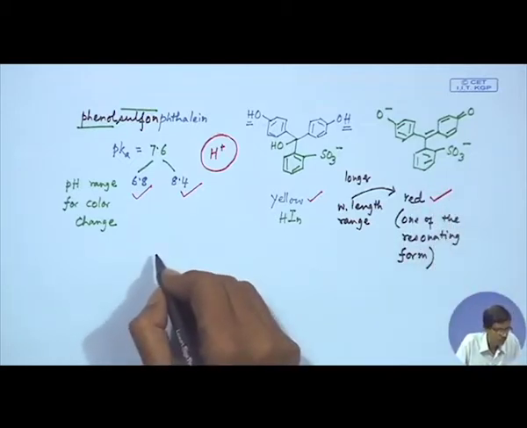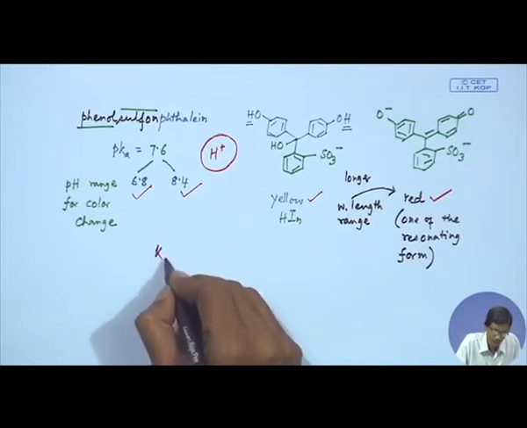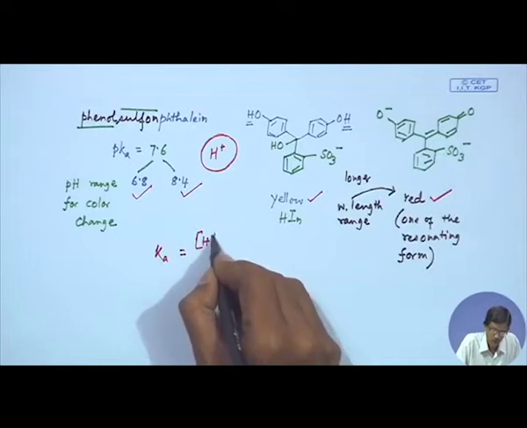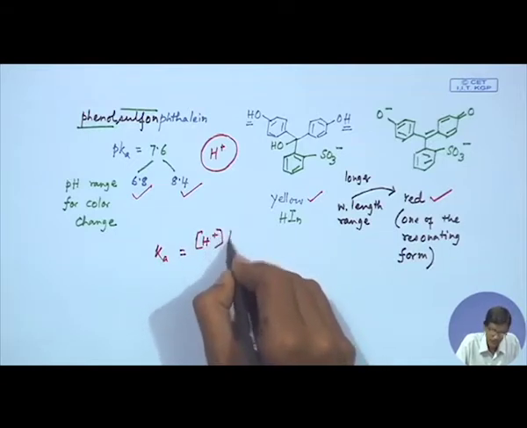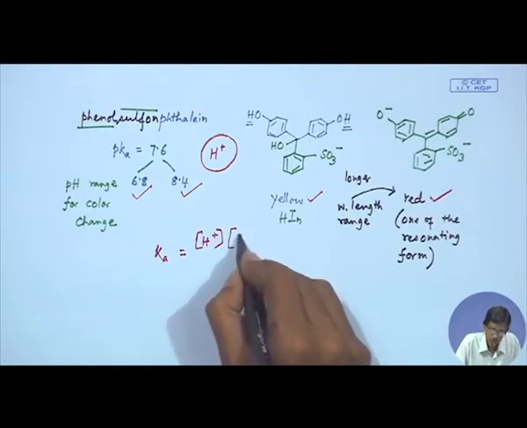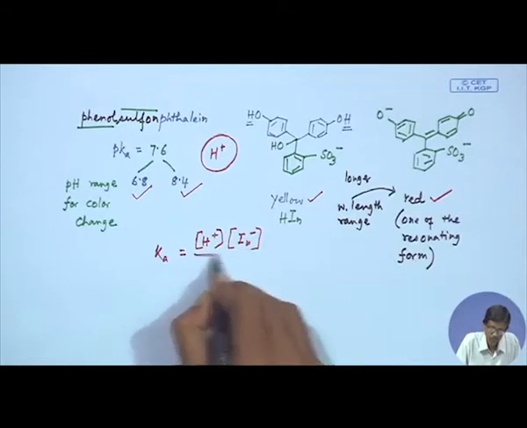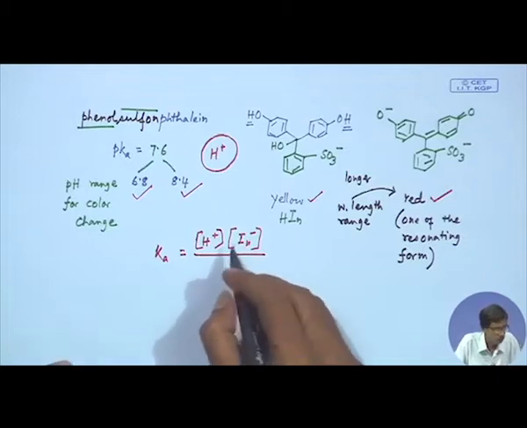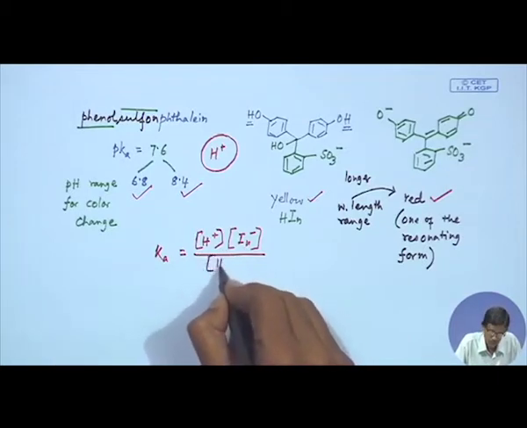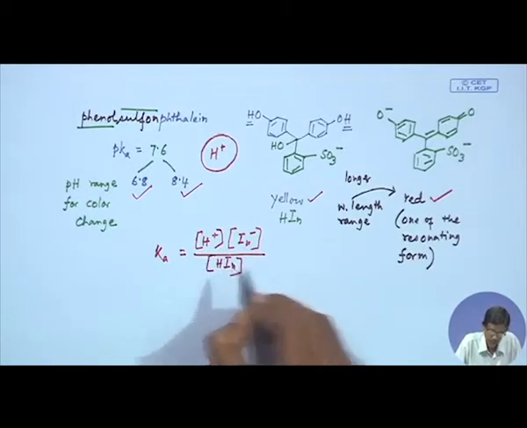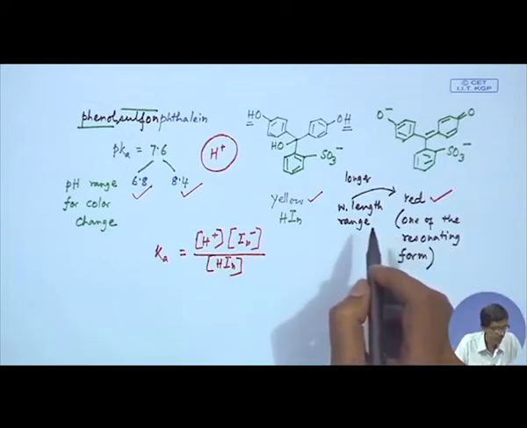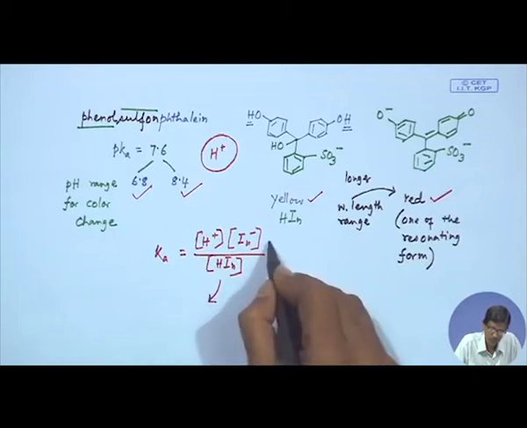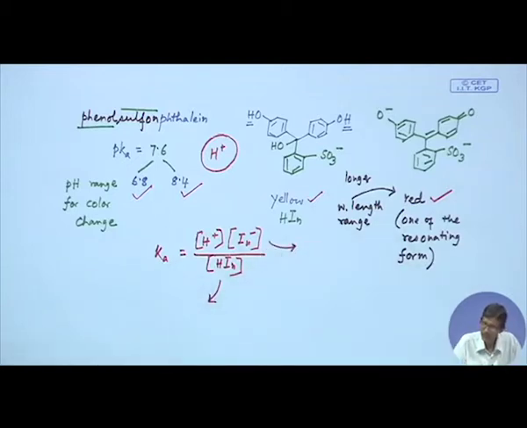So, what we have seen is that if you have a Ka value, which is your H plus and your In minus, this will give rise to your HIn, and that basically gives rise to the corresponding concentration of this and the corresponding concentration of that.